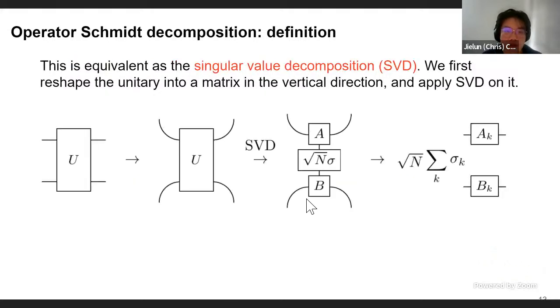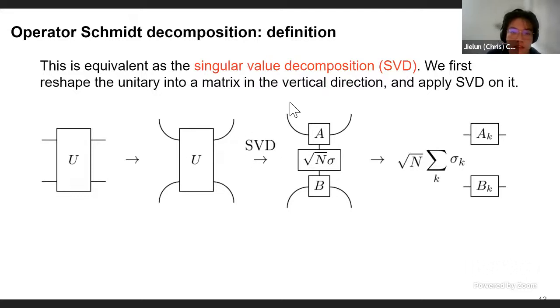This is actually equivalent to the singular value decomposition, just like the Schmidt decomposition of a quantum state. We first reshape the unitary into a matrix in the vertical direction. For example, for this unitary here, we bend the two wires on the top to the same direction and the wires at the bottom to the same direction, which forms a matrix in the vertical direction.